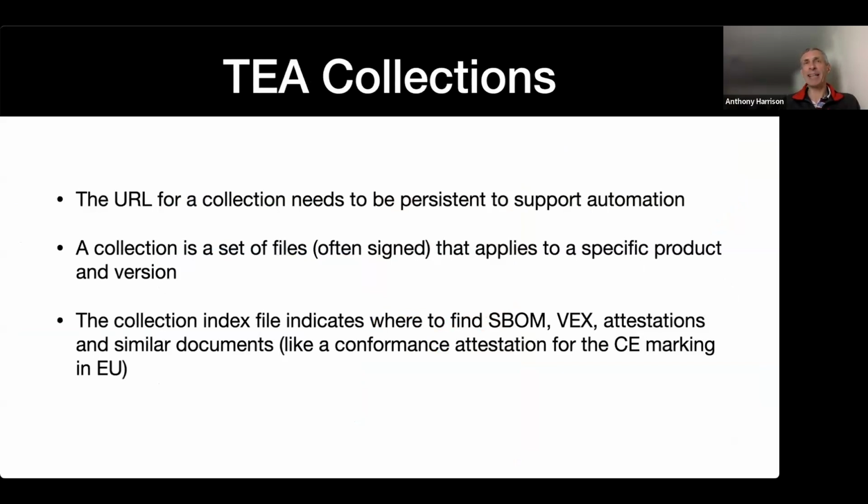And that really is where the set of files are going to be. Those files will probably typically be signed for integrity. That will allow you to get all the files for a particular version of your product. And then you can start interrogating that collection for whatever use case you need.